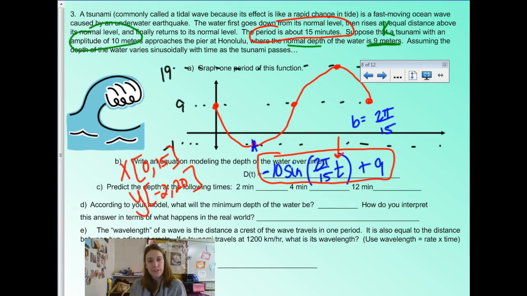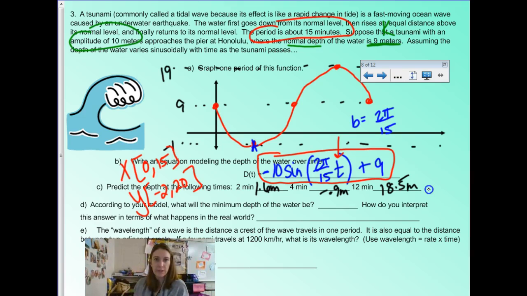So pause the video, find these values if you're practicing on your calculator, but I already did this, so 2 minutes in, it's a height of 1.6 meters, 4 minutes in, it's a height of -0.9 meters, and then 12 minutes in, it's 18.5 meters.